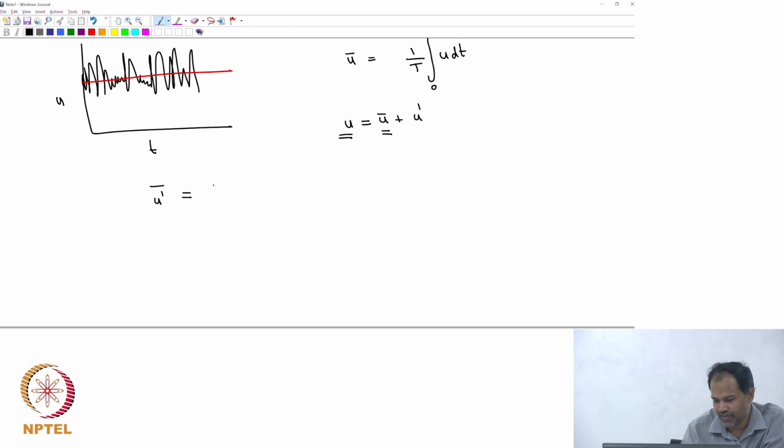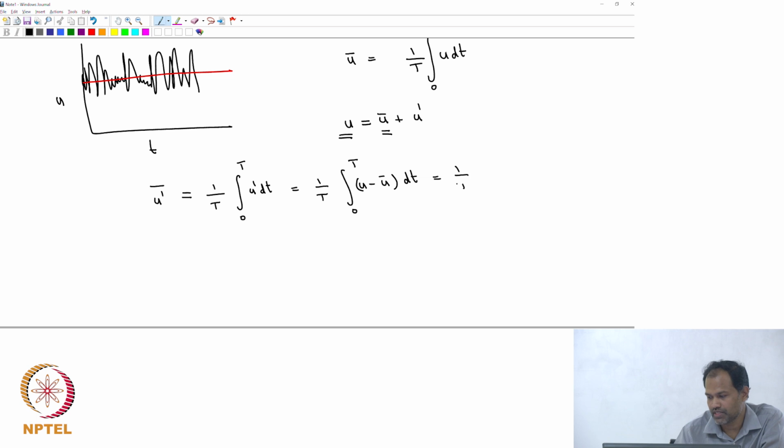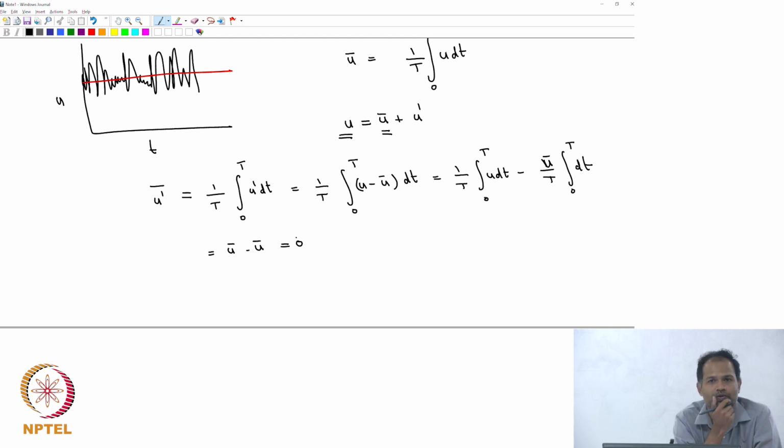By definition, it is 1 by t integral 0 to t u prime dt, which is equal to 1 by t integral 0 to t of u minus u bar dt, which is equal to 1 by t integral 0 to t u dt minus 1 by t integral 0 to t u bar dt. Since u bar is a constant, I can write it outside, so that is equal to u bar minus u bar, which is equal to 0. As expected, it comes out to be 0.